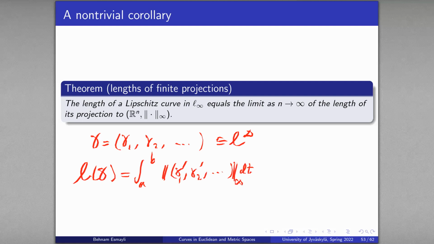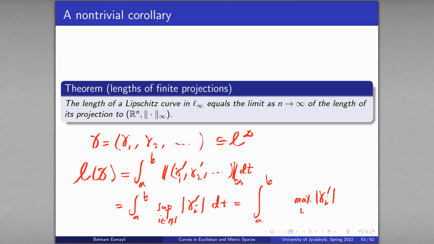But the L infinity norm is the supremum of gamma i prime, i belonging to N. Now this can be written this way. So instead of the supremum, you can take the maximum of these gamma i primes, where i is from 1 to n, so you only do the first n, and then you take the limit as n goes to infinity.